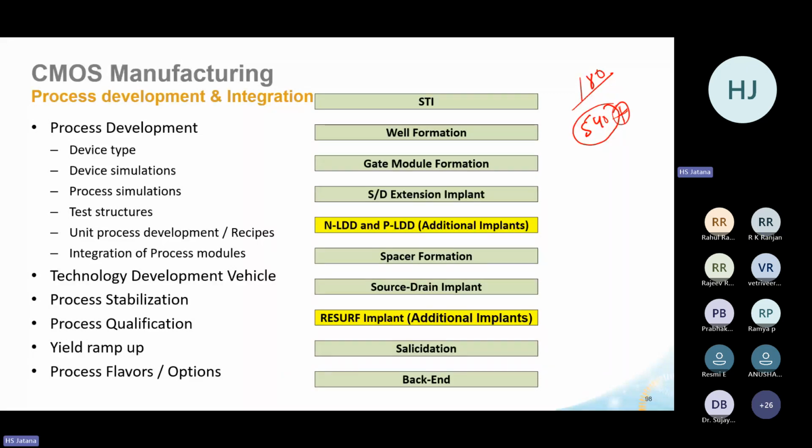The number of steps is close to 540 process steps. 540 different process steps are there, out of which close to maybe 150 are cleaning steps. The remaining are the process steps, and when you design a complete process, you have to design unit processes first. To give you an example, we have close to 130 unit processes.